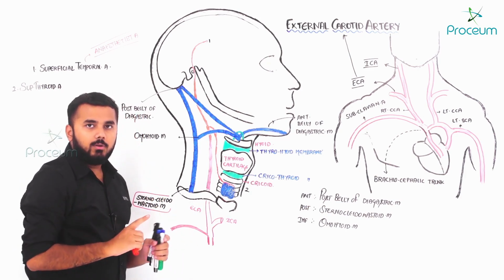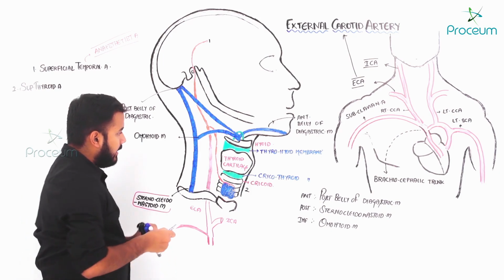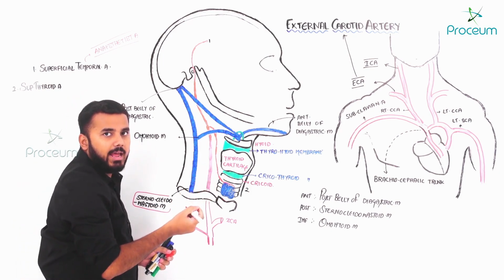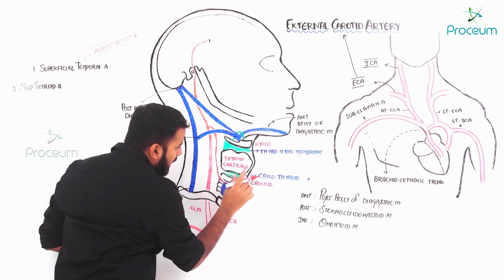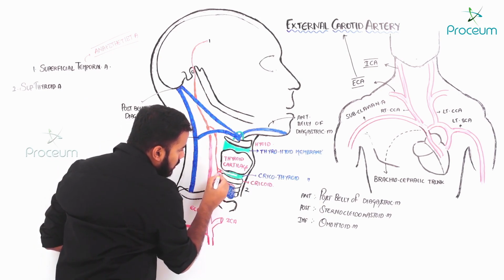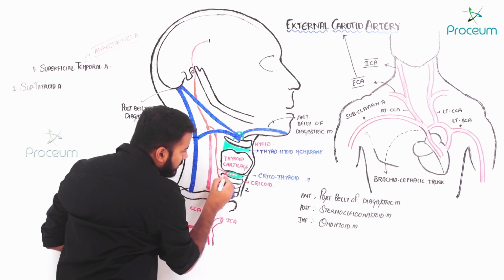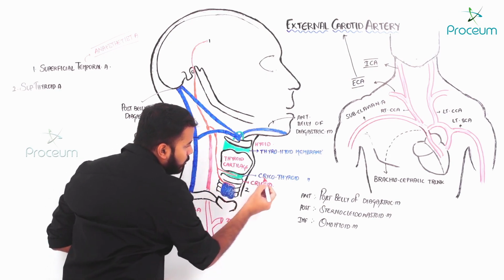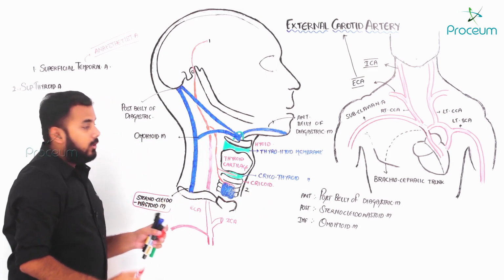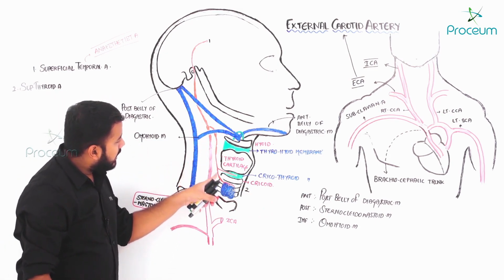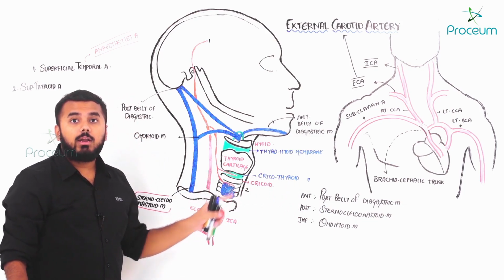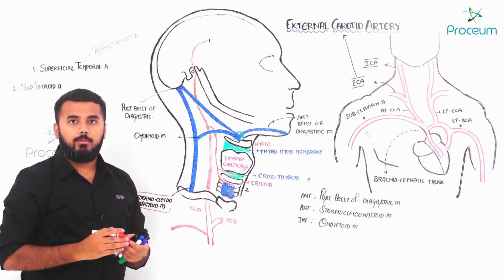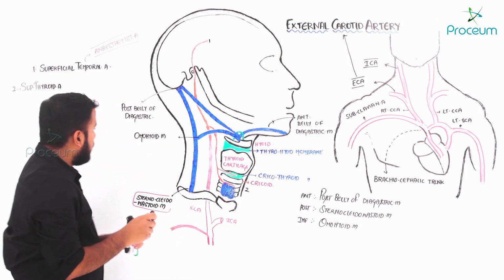From the superior thyroid artery, there is a small branch, and this supplies all the way to the cricothyroid membrane. You can see from this superior thyroid artery, a small branch is supplying the cricothyroid membrane, and this artery is called the cricothyroid artery.